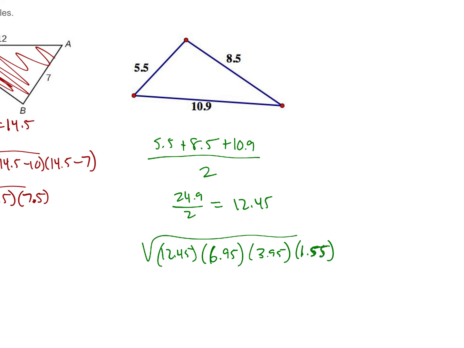So now I multiply all these things together. That'll give me 529.765, call it. So square root that, you get 23.01. And that's my area.